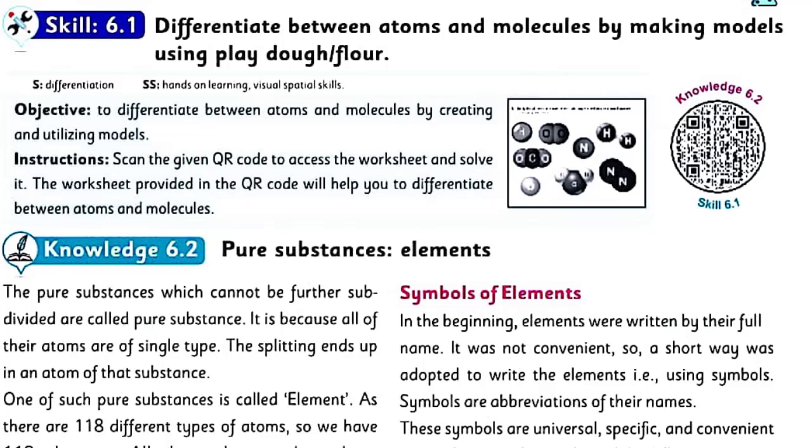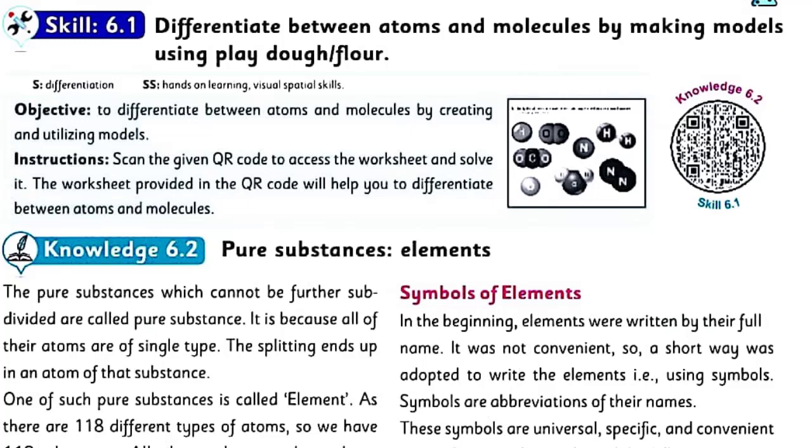Objective: to differentiate between atoms and molecules by creating and utilizing models. Instructions: scan the given QR code to access the worksheet and solve it. The worksheet provided in the QR code will help you to differentiate between atoms and molecules.